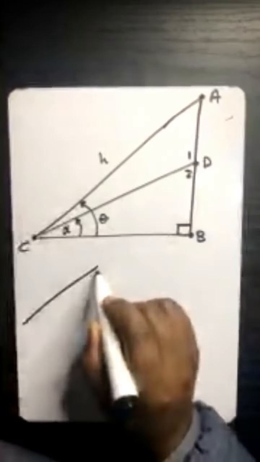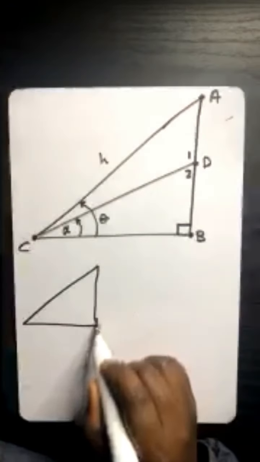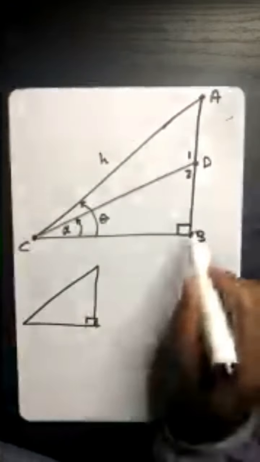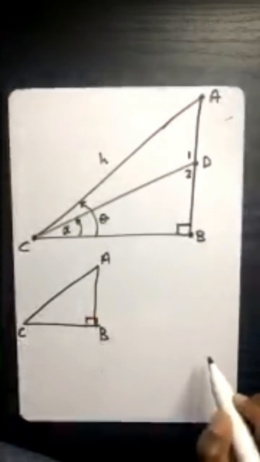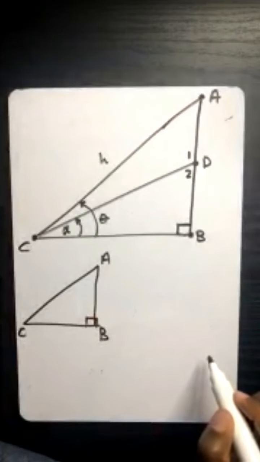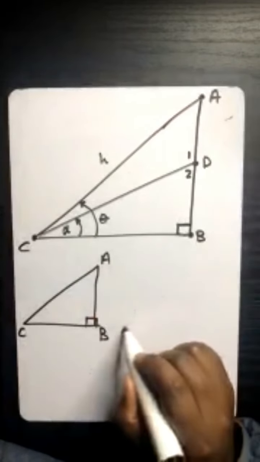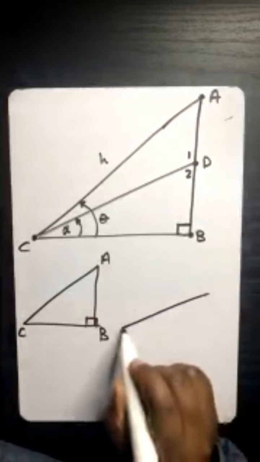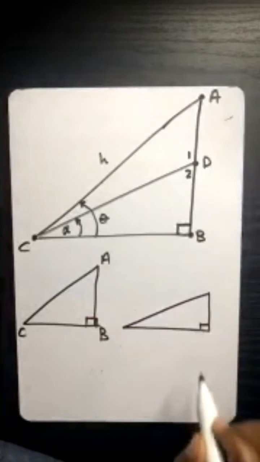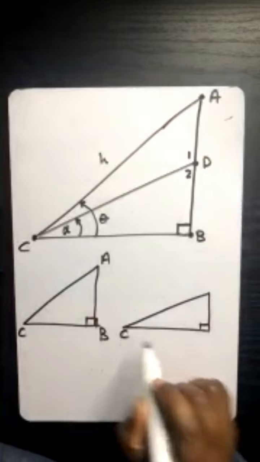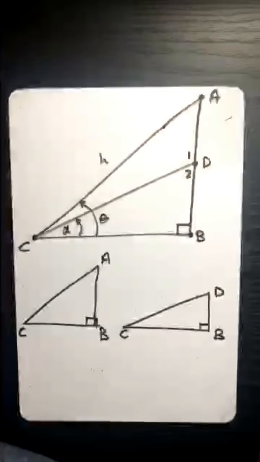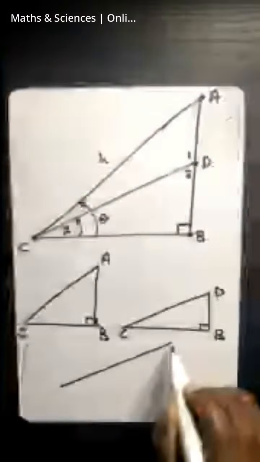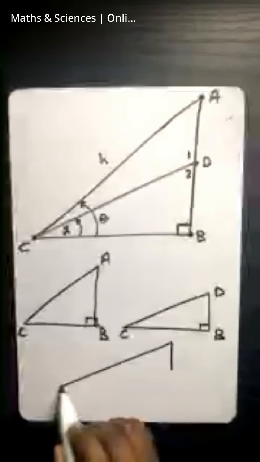I see this one, the bigger one. Also, it is a right-angled triangle. The other one is this one. Also, it is a right-angled triangle. There is C, there is B, there is D.